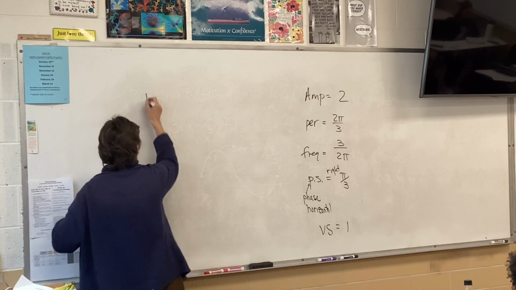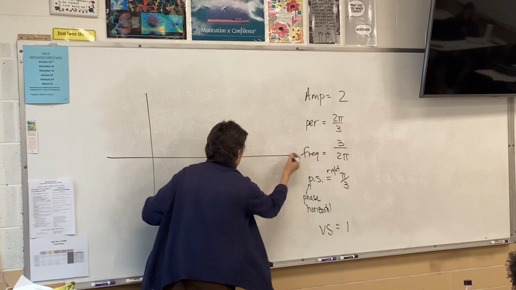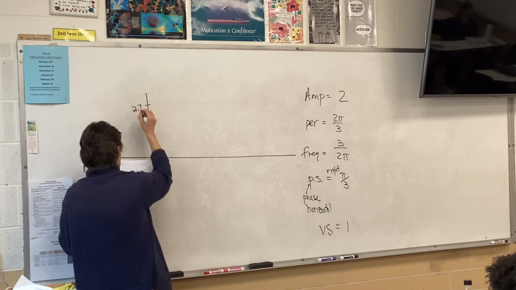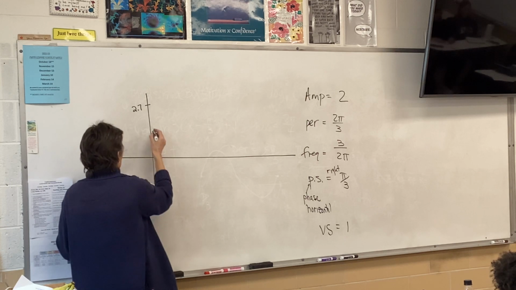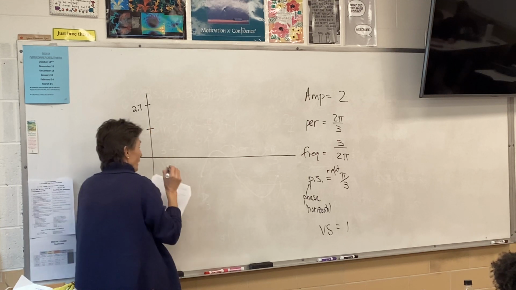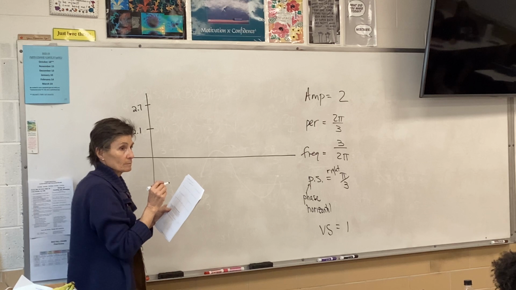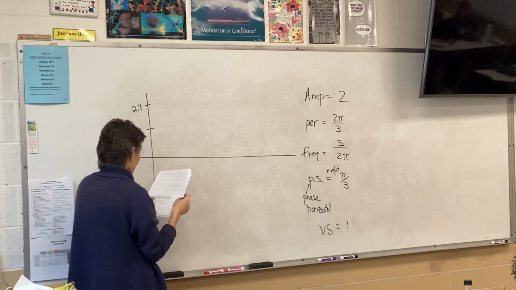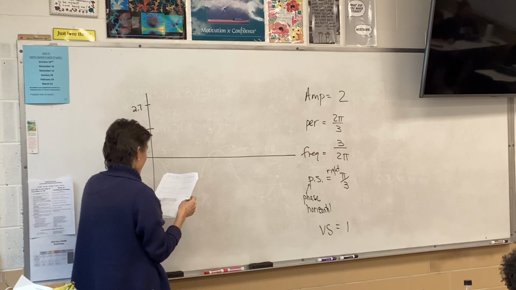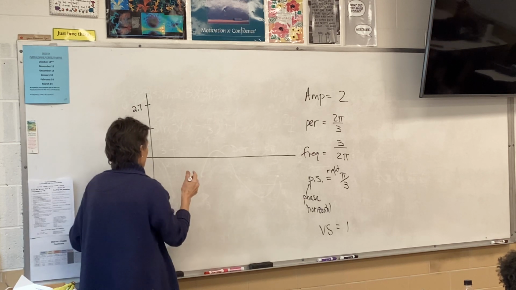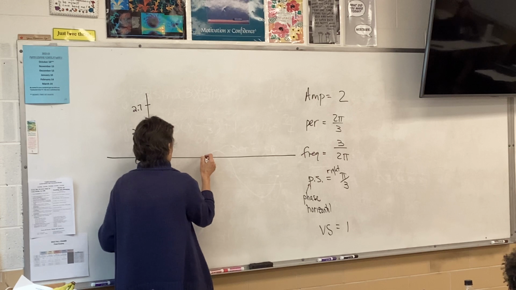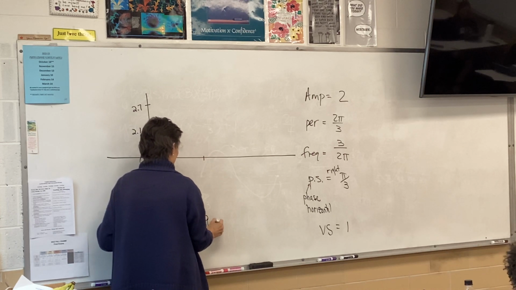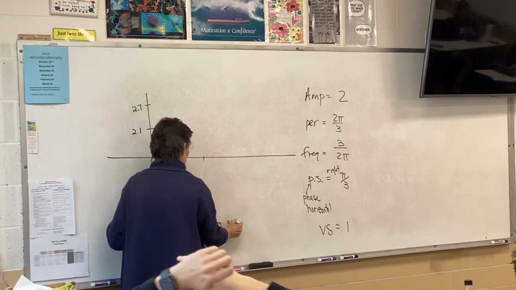All right, so let me draw something here. My high point was 2.7, and my low point was 2.1. And the high point happened at 9:36 a.m. Okay, that's 9 hours and 36 minutes.